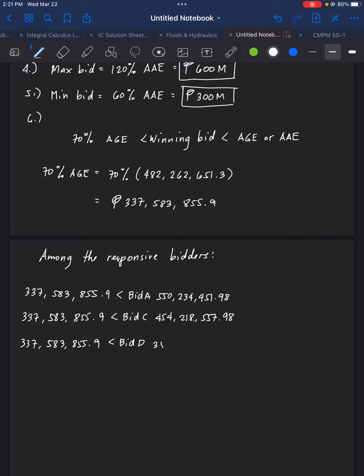And then 389,122,897.44. So is this less than the AGE? So the AGE here is 482,262,651.3.